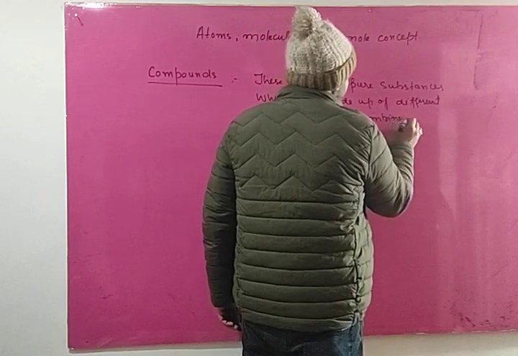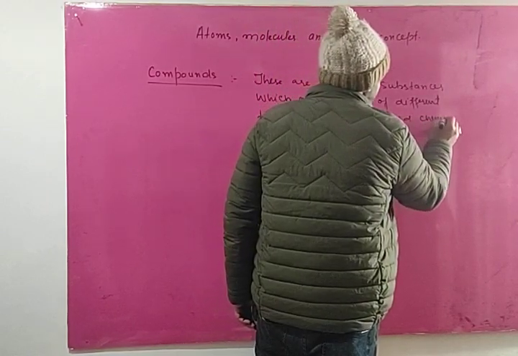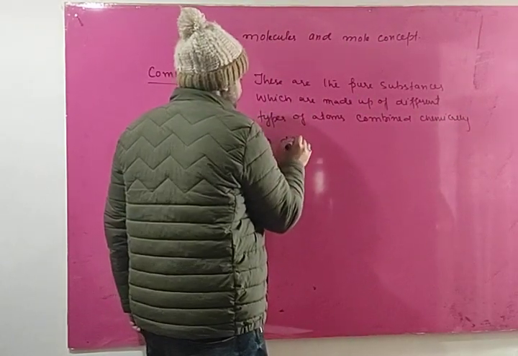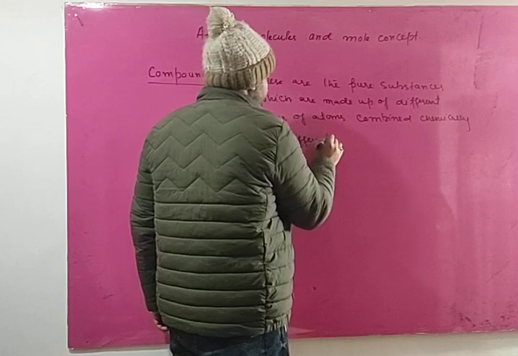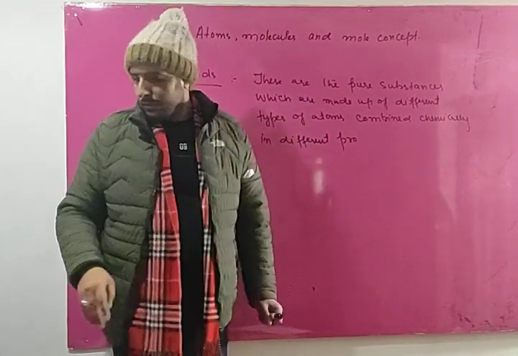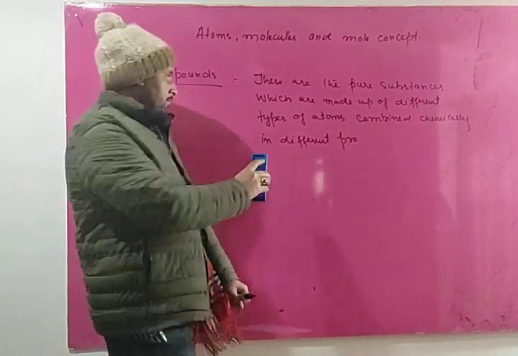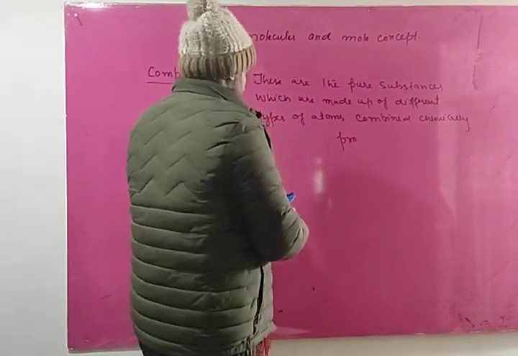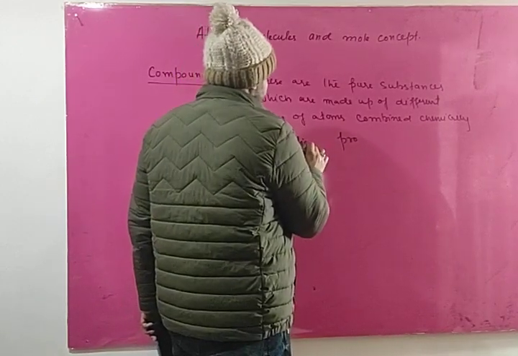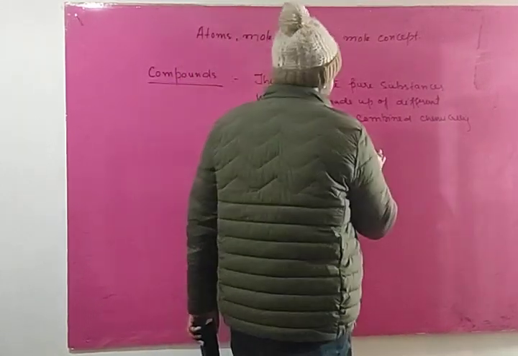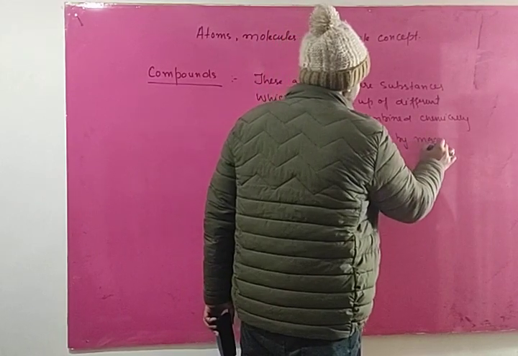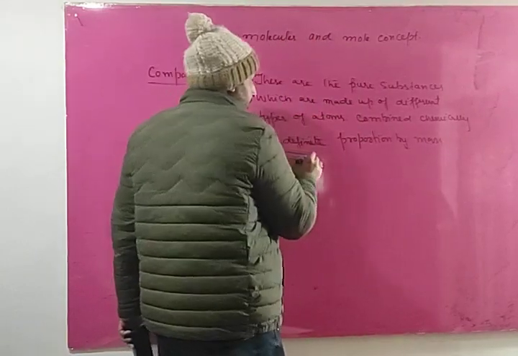This is the important thing, combined chemically in different proportion, indefinite, not different. Different is also right, but the appropriate word is indefinite proportion by mass. I will come to this part later, definite proportion by mass.